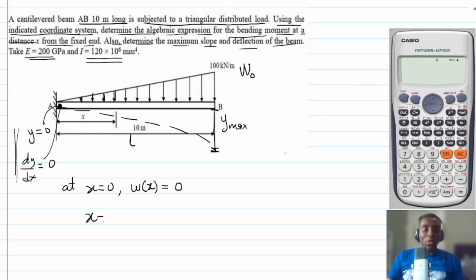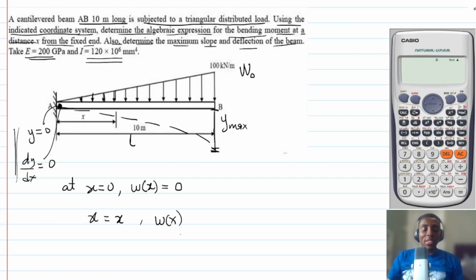But at x equals L, we are calling that w of x, and that is what we are interested in. So this is x equals 0, and at any point x, we have this w of x, which is going to help us.